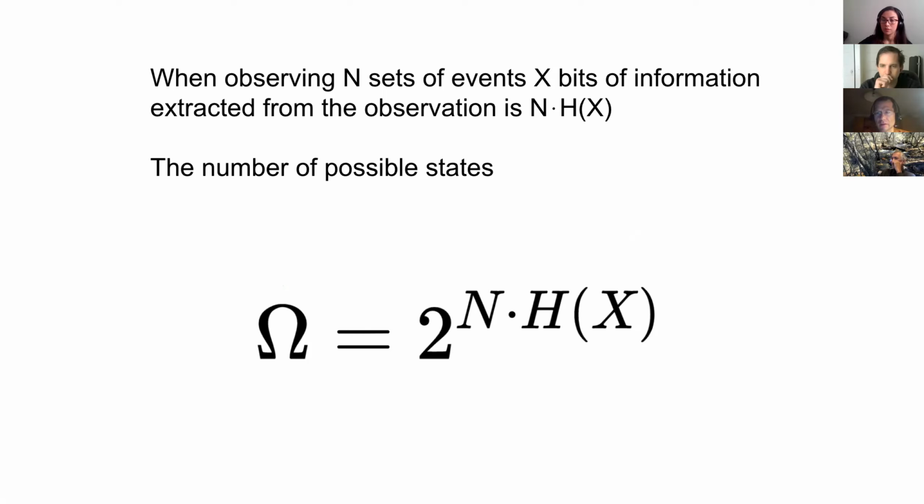Is h of x the entropy of, say, a single coin? And if I toss n coins at the same time, either one after another or all at once, then the number of possible coin flip outcomes, if I look at each coin as an individual, would be n coins times the entropy of each coin. Is that correct?